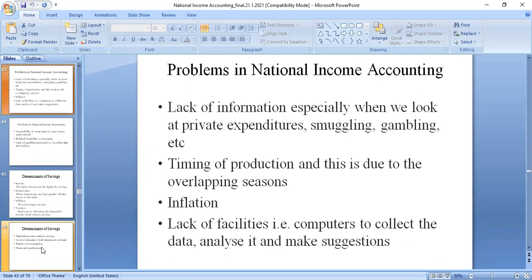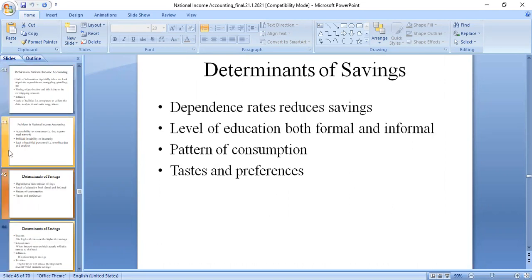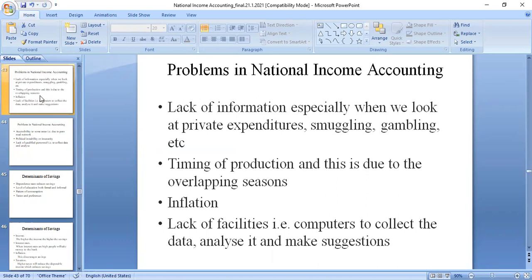Then also lack of information, especially for that underground economy that we have seen, where we have activities like smuggling and gambling that are not really exposed to the economy, right?